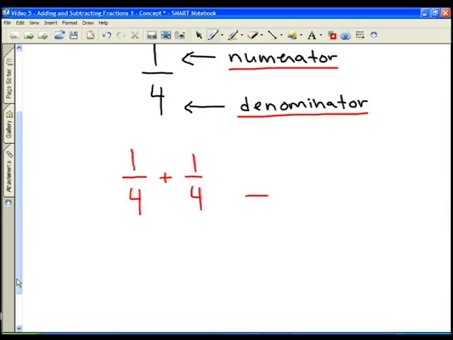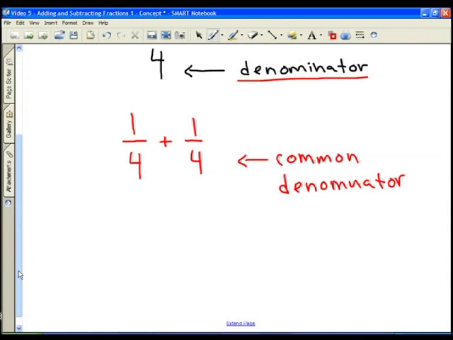Notice that the denominator of both of these fractions is 4. And if you're going to add or subtract fractions, you need to have a common denominator. That is, you need to make sure that the denominator is the same.